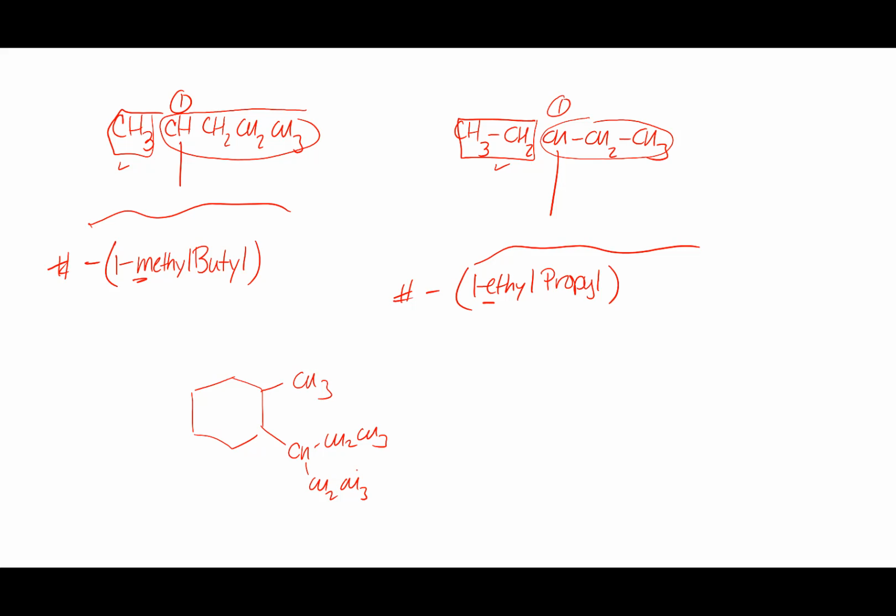I'm going to switch it to cyclohexanes because if I try to draw a long chain and put one of these groups in it, the chain has to be longer than the groups so that there's no issue of it becoming part of the chain. So let's just do this one. This is a methyl group, and we've now said that this is a 1-ethylpropyl group.